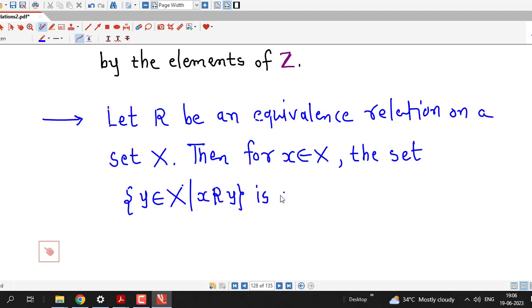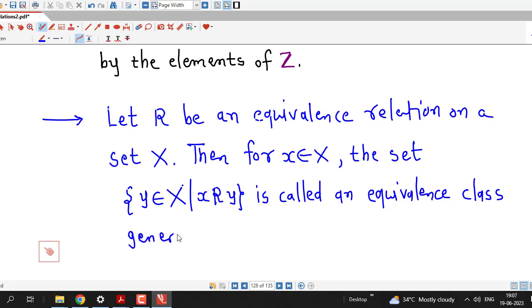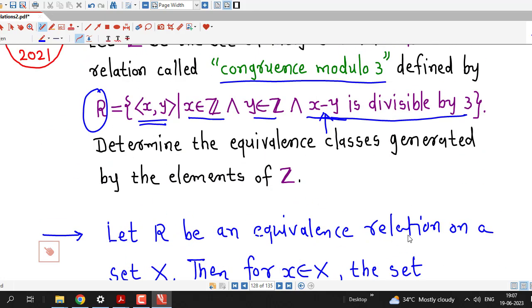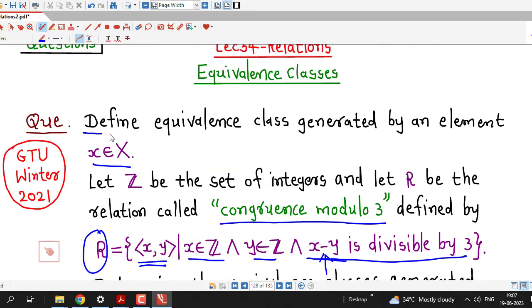This set is called the equivalence class generated by an element small x, which is a member of the given set capital X. This is the first part of the question: define the equivalence class generated by an element x belonging to capital X.